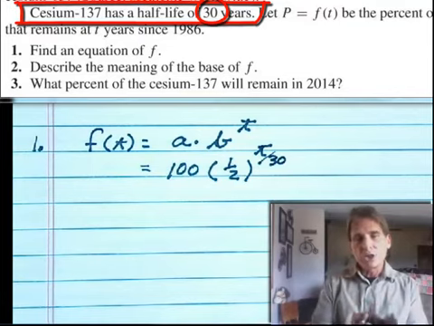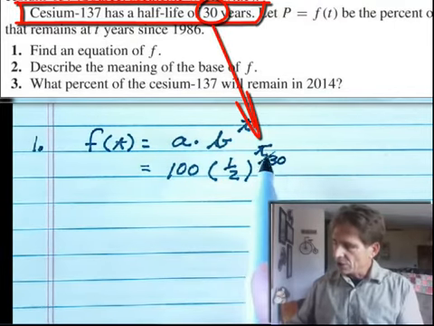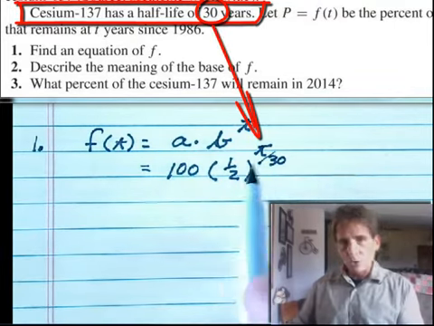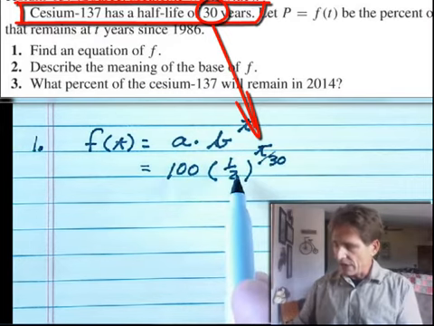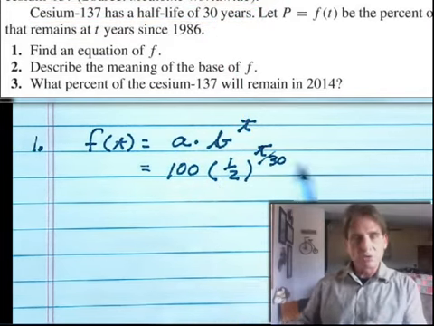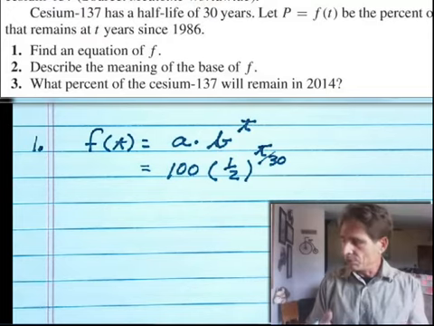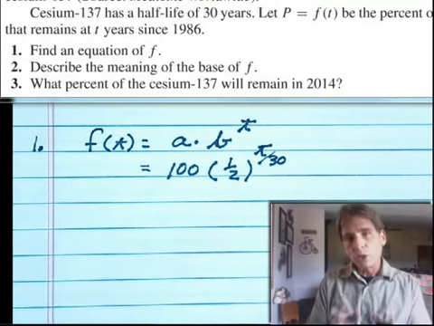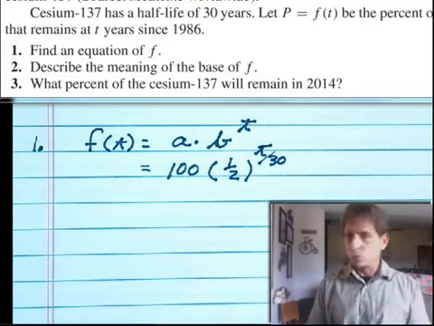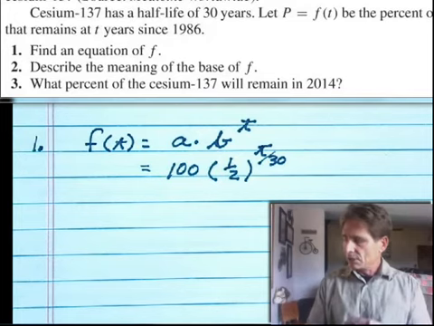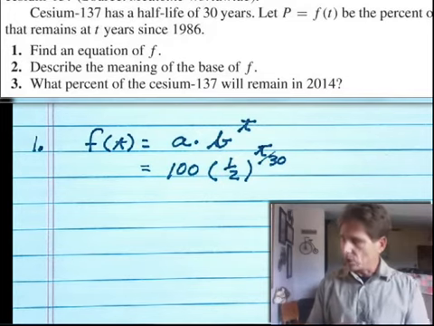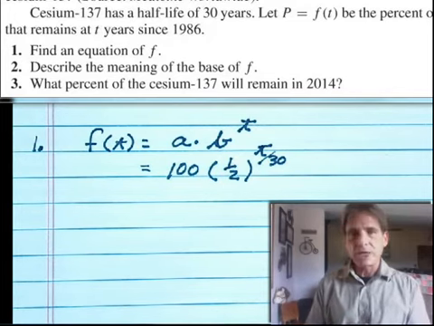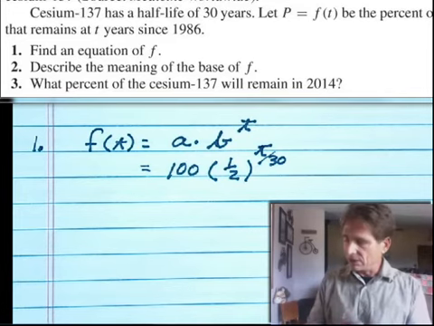Now when I put 30 in for T, 30 divided by 30 is 1, so 1/2 raised to the 1 is 1/2 times 100 would give you half, or 50%. So that is one form of the equation, and I will give you almost full credit, but partial credit for that equation. I want you to simplify it so that the exponent only has a T.